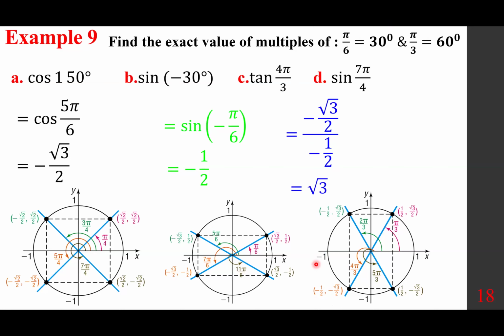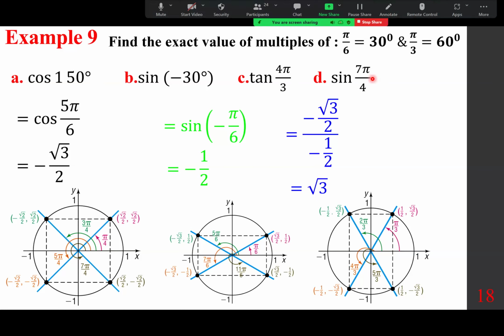Sine of 7 pi over 4. 7 pi over 4 puts us in the fourth quadrant. In the fourth quadrant, sine, associated with the y, is negative.